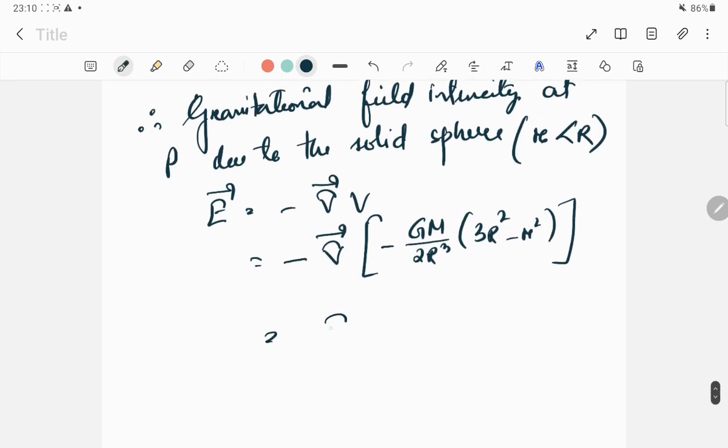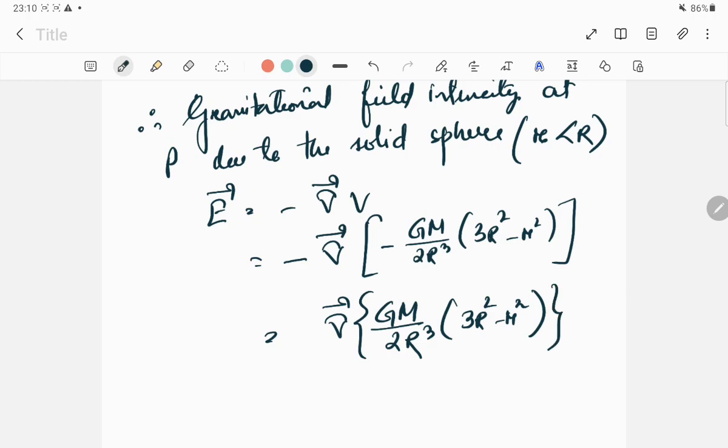Okay, so we have nabla vector GM by 2R cube, 3R square minus small r square.